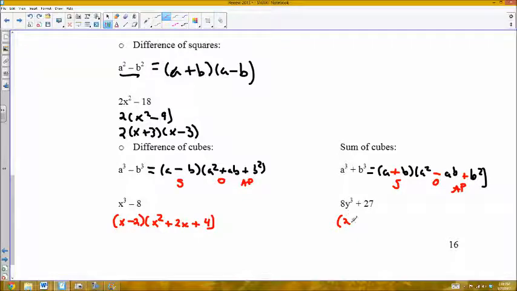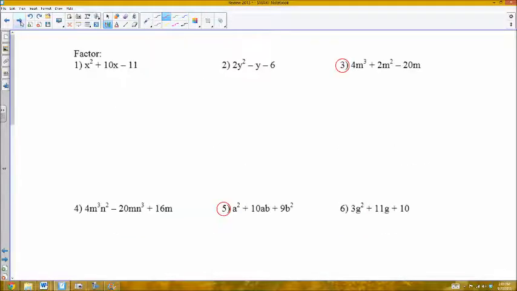We just saw that. And then there's a y. A number times itself 3 times to give me 27 would be 3. So then my first term squared, 2y squared, would give me 4y squared. Then my 2 terms combined, 2 times 3 is 6. So 6y. And my last term squared is 9. Then I have the same, opposite, always positive. So there's my 2 sums and differences of cubes.